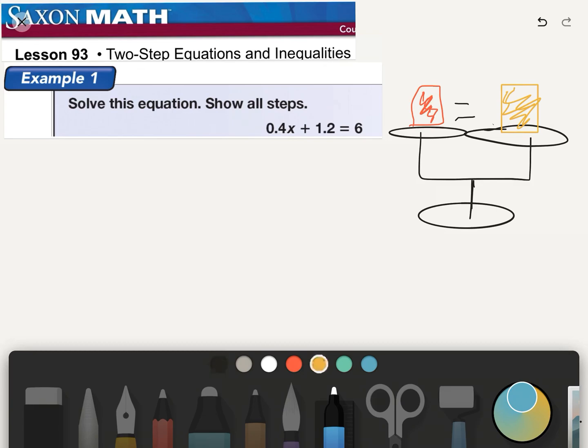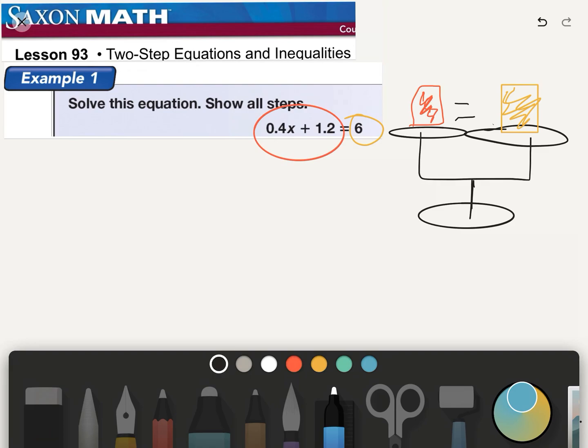So essentially that means this side is equal to whatever this side works out to be. So anything we do to one side, we do to the other.